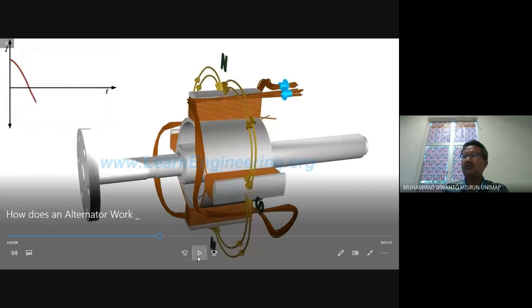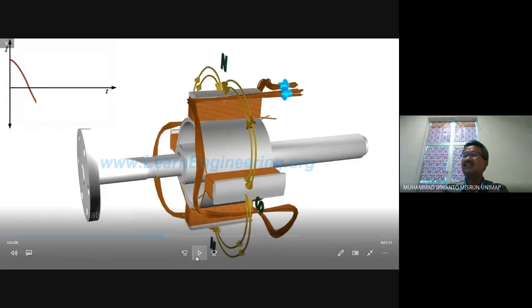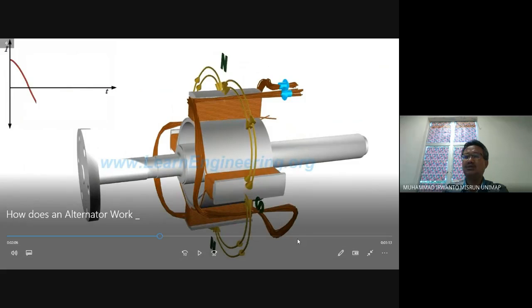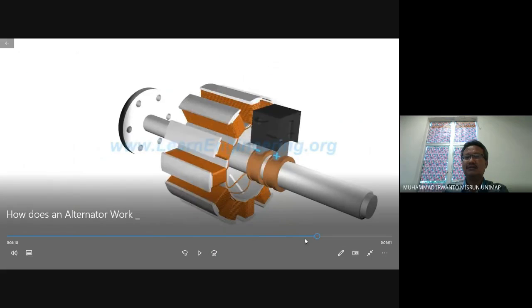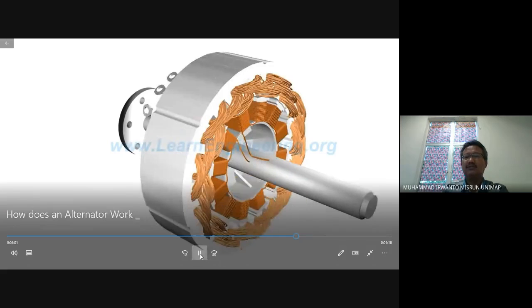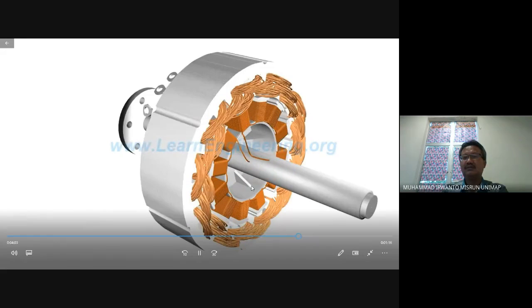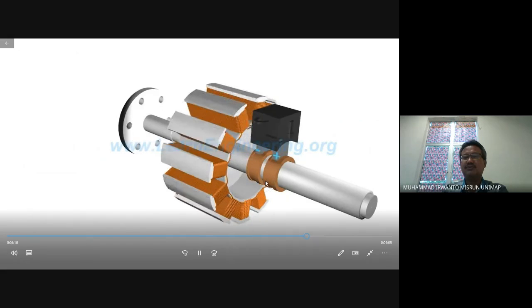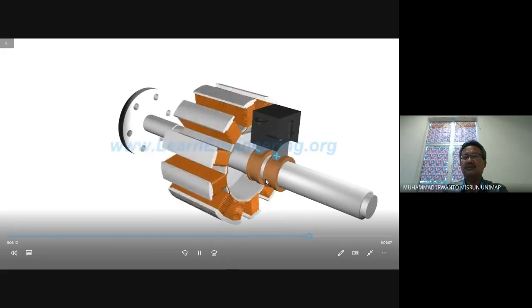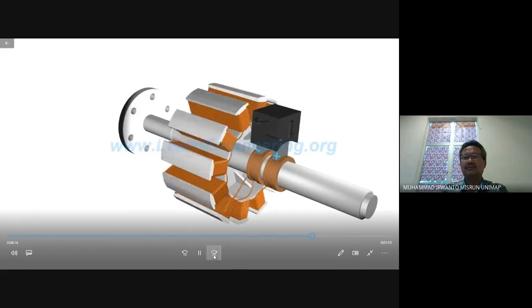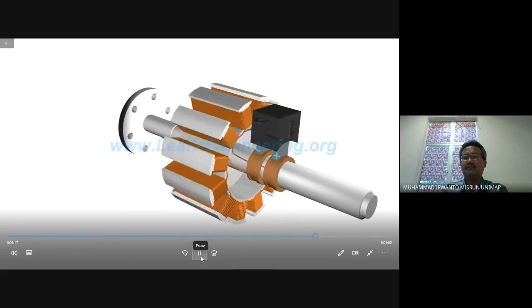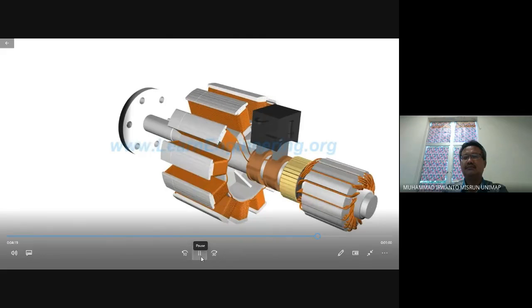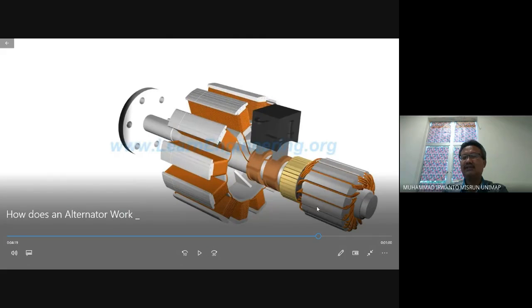Okay, now we want to know how the DC current can be supplied to the rotor winding. We can see this one, using the slip ring because it is moving. This is the DC generator.